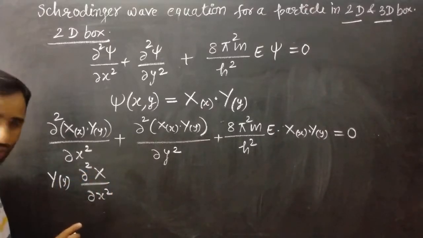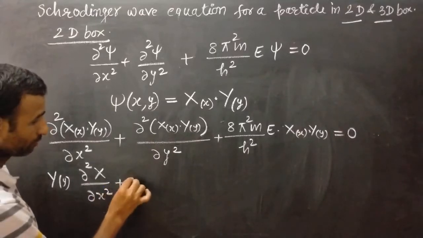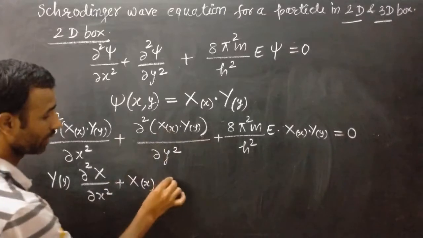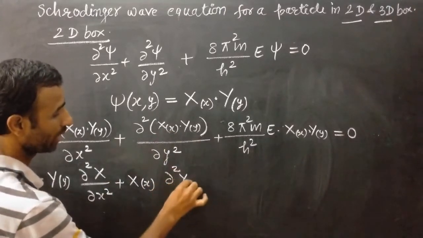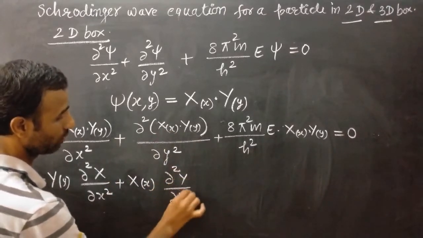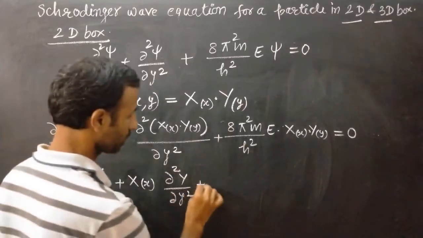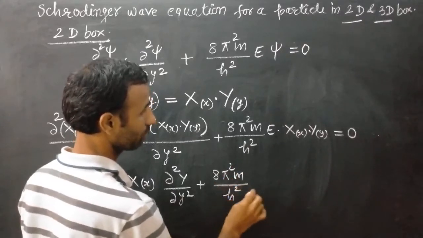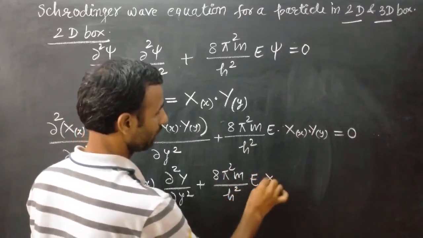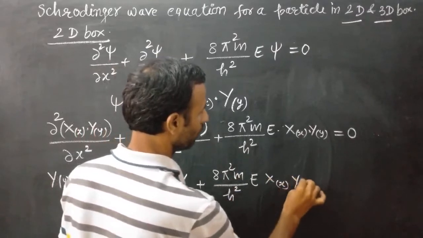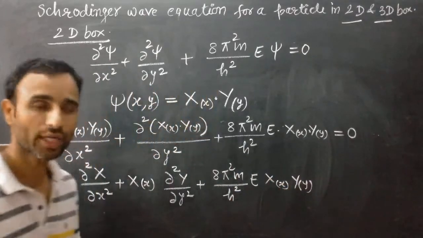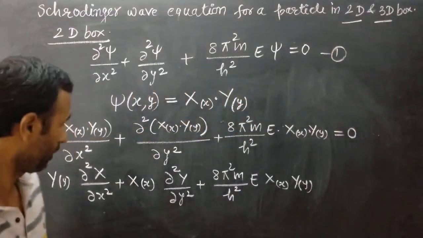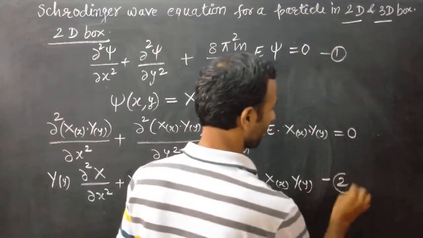Plus X outside and d square Y over dy square plus 8 pi square m over h square E into X Y. Let us take this as the first equation.